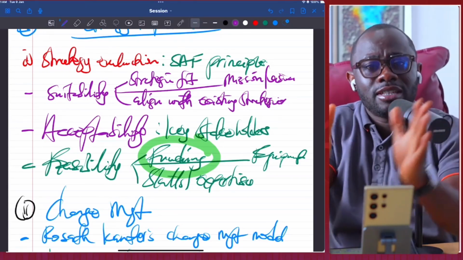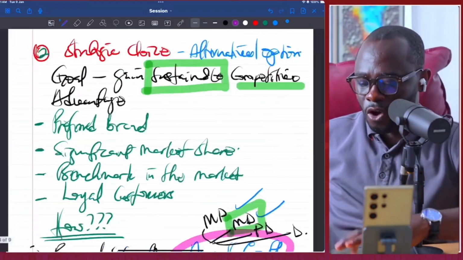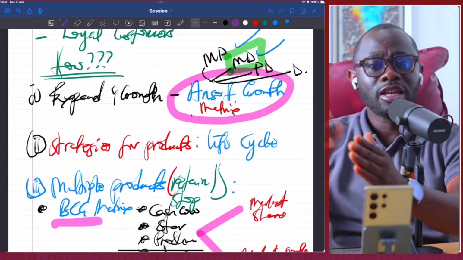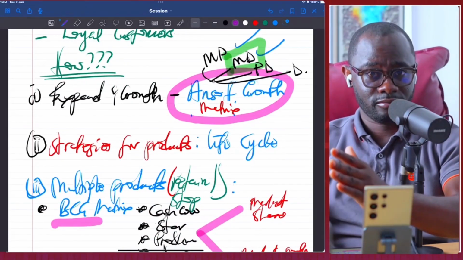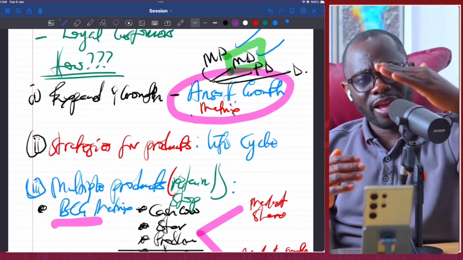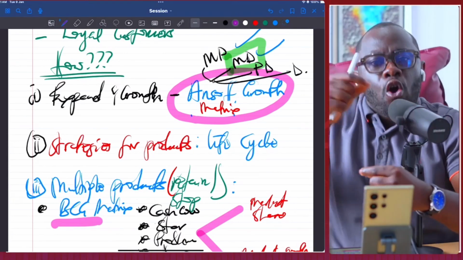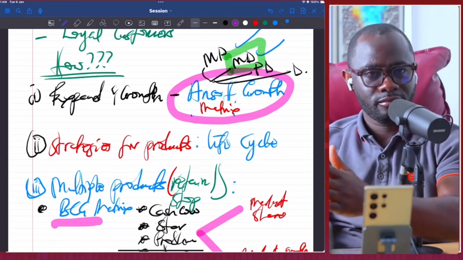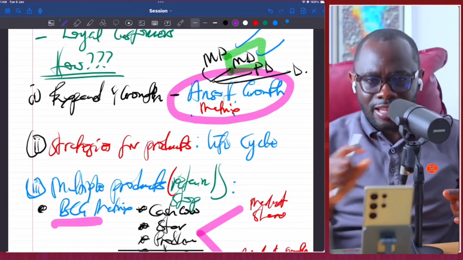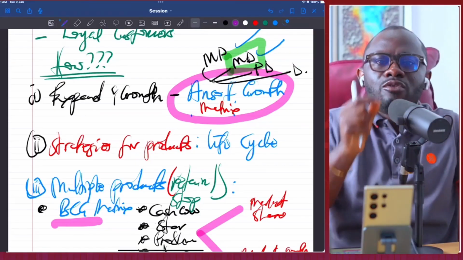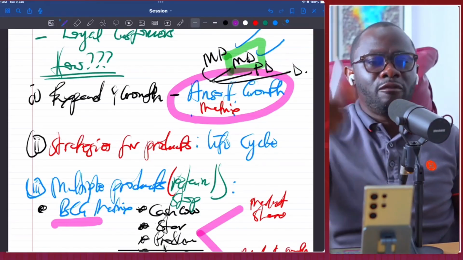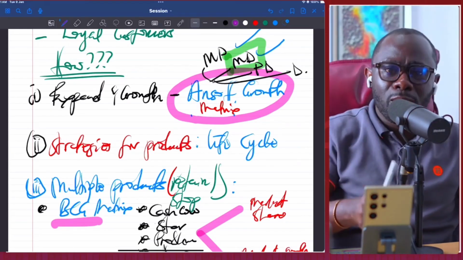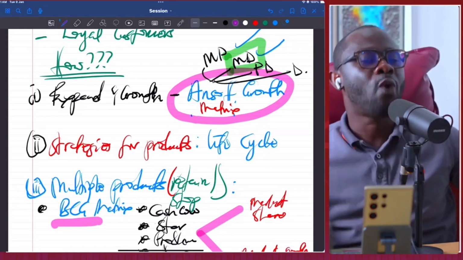So if an entity is seeking to expand and grow, there are 4 alternatives available using the Ansoff growth matrix. You will explain all the 4 in the context of the question. When you are done, in conclusion, you have to state which of the 4 may be appropriate to the company and why.